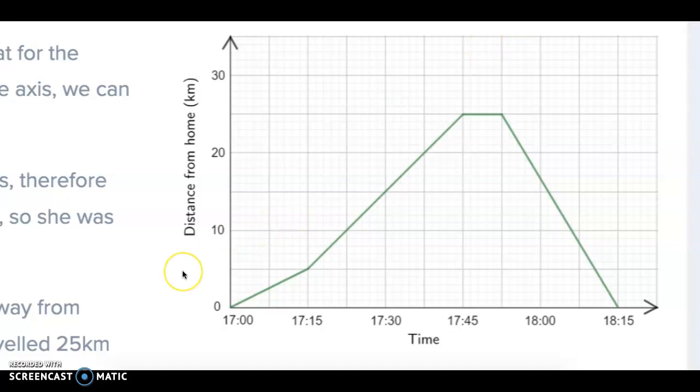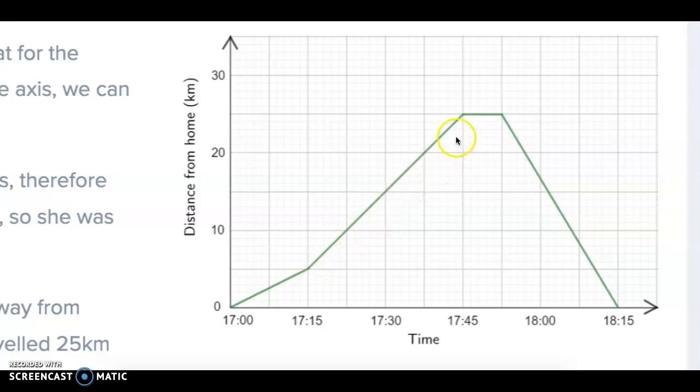Then we get more complicated graphs. You can see down here there's time, and over here there's distance. These have specific meanings. If you're 0 distance from home, you're at home. This person in 15 minutes kind of strolled down the street and went a little ways.